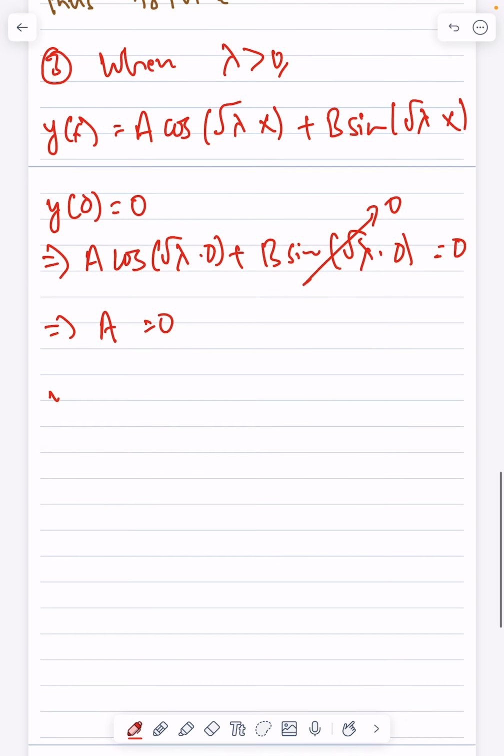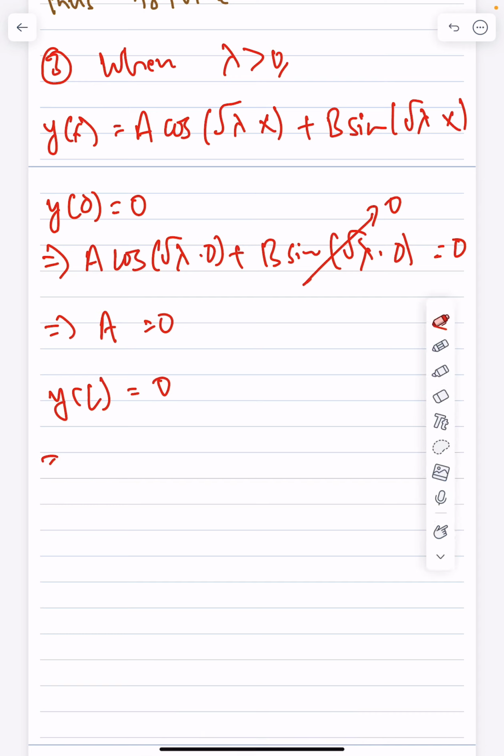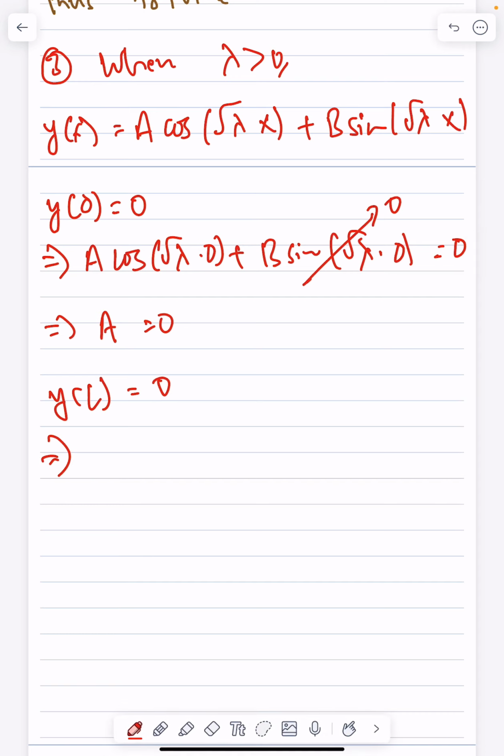Now let's apply the second boundary condition, y of L is equal to 0. Now a is equal to 0, meaning we do not have this part, right? So b sine square root of lambda L is equal to 0.